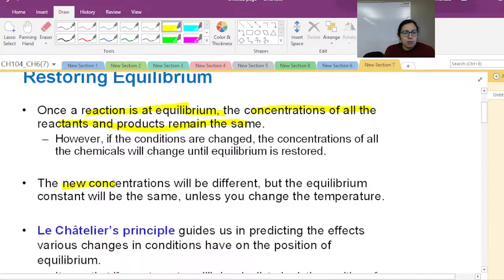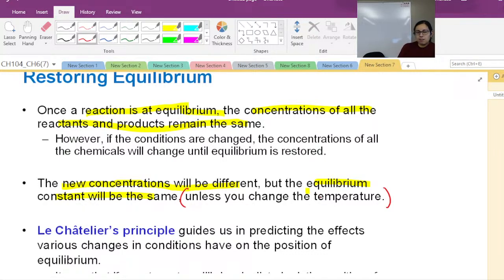And so our new concentrations will be different, but our equilibrium constant will be the same, unless we change the temperature, but we won't be changing the temperature in here. And again, for our purposes, I'm not going to make you calculate a bunch of stuff, we'll say that for my 200 level class, but you want to be able to understand how Le Chatelier's principle applies.